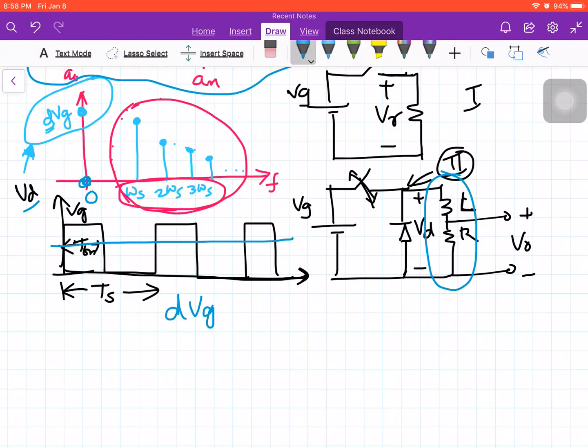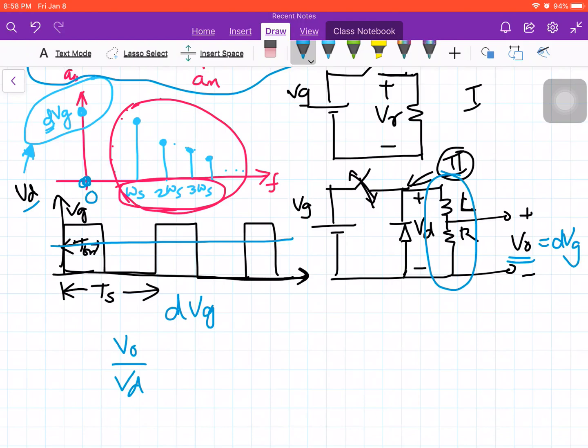Let us call this voltage V0; it is what we want here, D into VG. And how would my V0 by VD look?